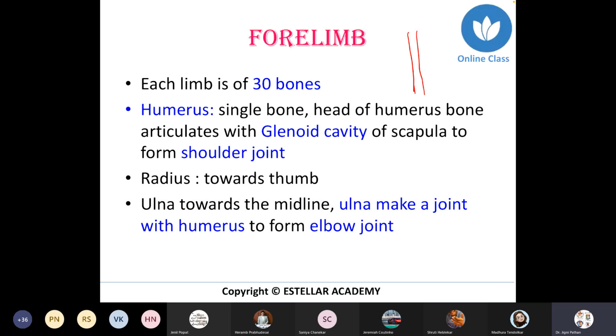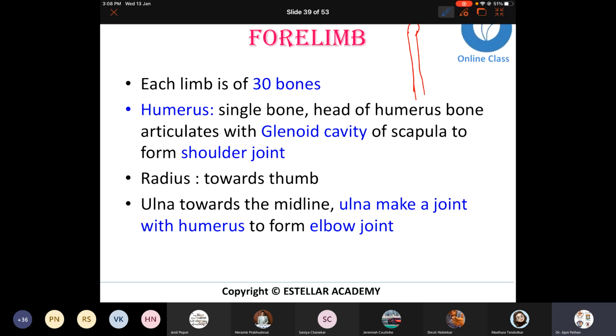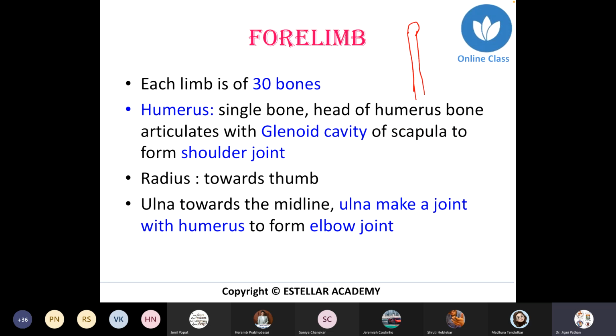After the shoulder, in your hand, the upper bone. Please feel that upper bone. I'm talking about that bone. This is the humerus. The head of the humerus bone articulates with the glenoid cavity. Now listen. Very, very important. The scapula and clavicle form this, and this cavity here is the glenoid cavity.